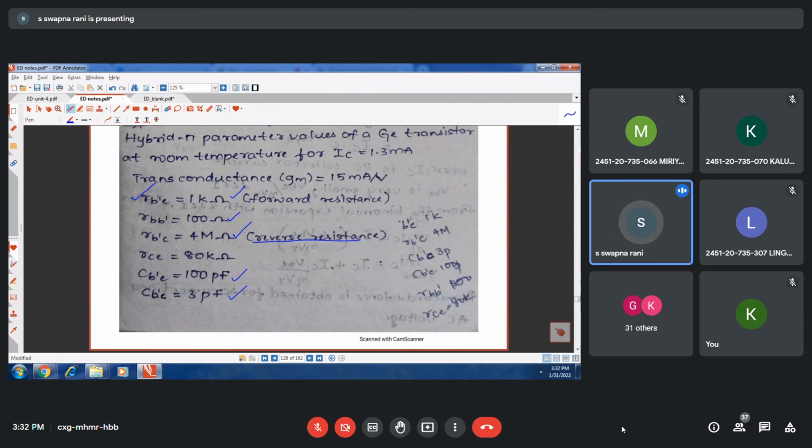So these are the typical values of the hybrid pi parameters. Gm is the transconductance.